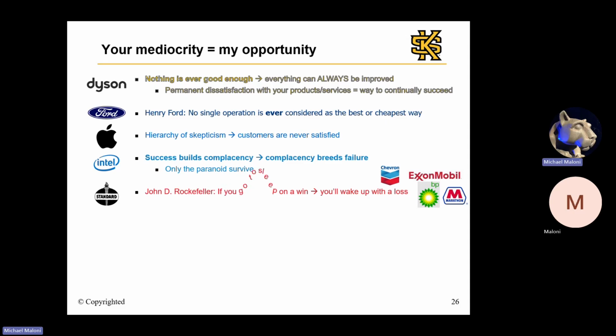He said that if you go to sleep on a win, you'll wake up with a loss. IKEA's founder, Ingvar Kamprad, warned that achieving goals acts like a sleeping pill. It makes you complacent, so you should set new goals all the time. The point is pursuing the goals and not necessarily achieving them. Continuous improvement is just that, a constant pursuit of higher goals, i.e., better customer value.